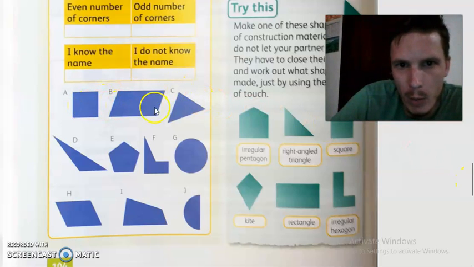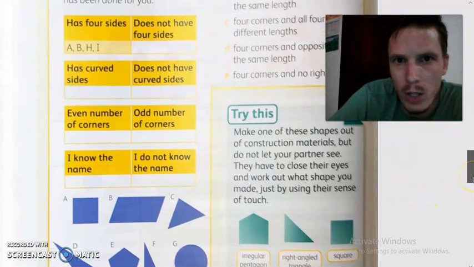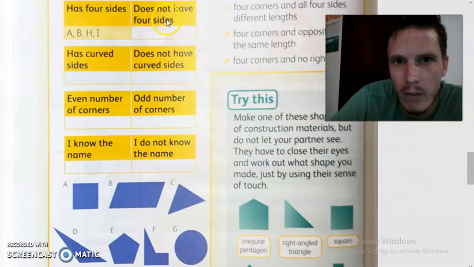So we can see there are 1, 2, 3, 4, 5, 6, 7, 8, 9, 10 different shapes here that we have to sort into these two groups, that have 4 sides and do not have 4 sides.